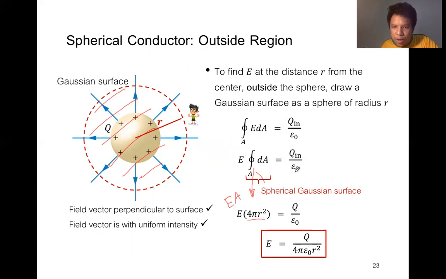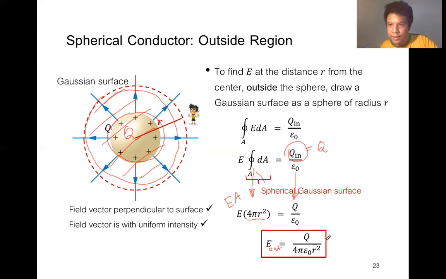On the right-hand side, what is the Q in? The Q in here is the total charge within this volume. We found that it is the total charge of the system, Q. So the electric field outside is Q over 4 pi epsilon 0 r squared, the same as the case of the point charge.